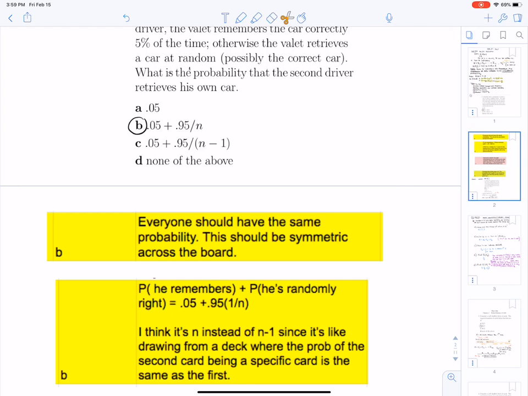And so the probability that the second driver retrieves his own car is not 1, because we're not assuming that the valet gave the first car to the first driver.